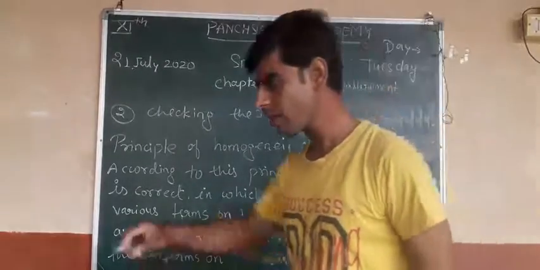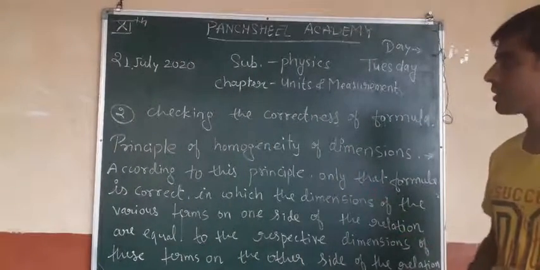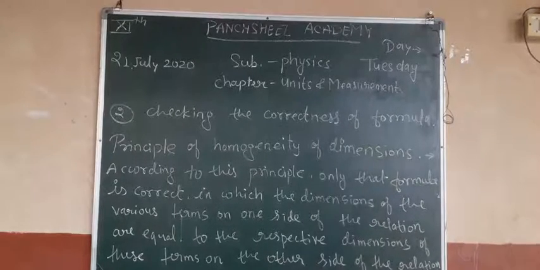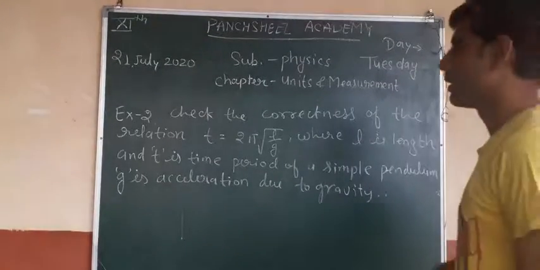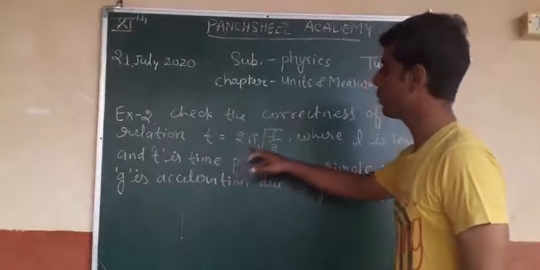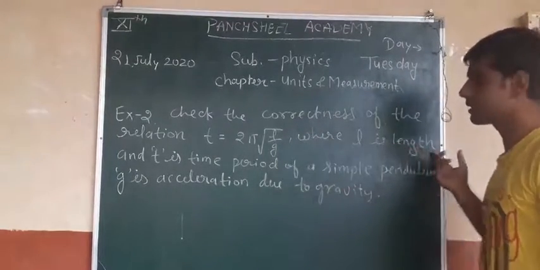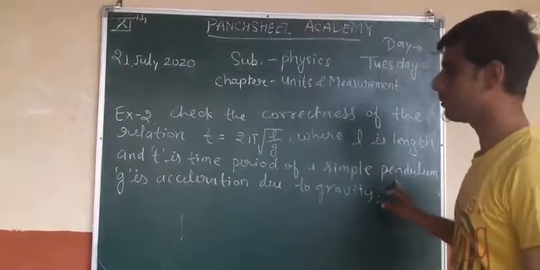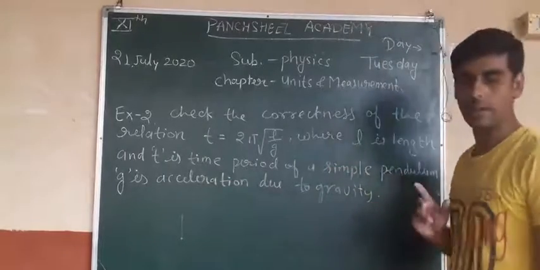So we take an example for this, checking the consistency of any equation using dimension analysis. Example is, check the correctness of the relation T equal to 2 pi under root L by G, where L is the length and T is the time period of simple pendulum and G is the acceleration due to gravity.